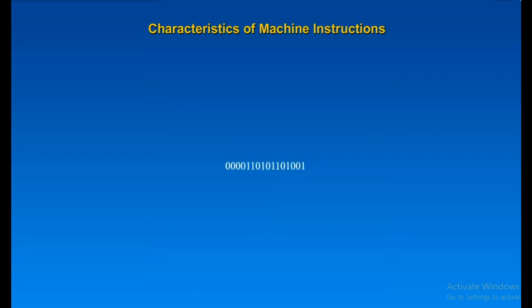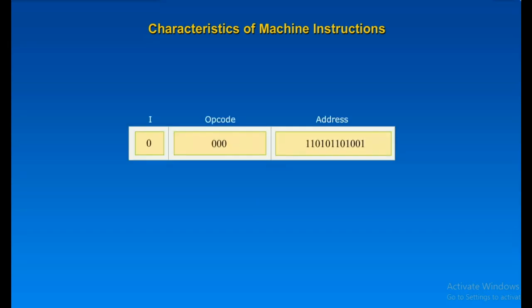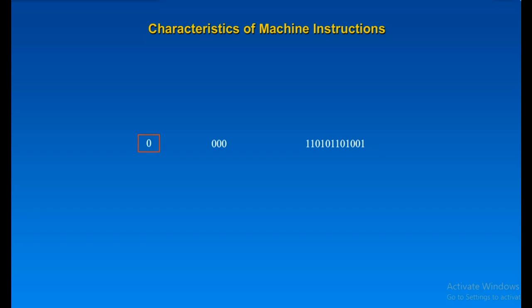Try interpreting the instruction 0000 110101 101001. First, we break the 16-bit instruction into 3 parts. This shows I is equal to 0, which means the addressing mode is direct.